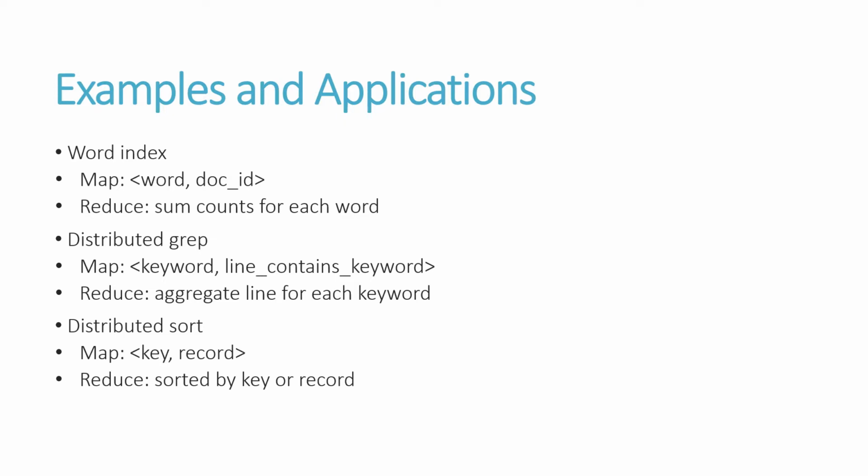Moving away from the word index example, there are other applications for MapReduce such as distributed grep and distributed sort. Grep is a Linux command for finding a keyword in text. Suppose we have millions of documents that have to be searched for a list of keywords and we would like to know the lines that contain these keywords.